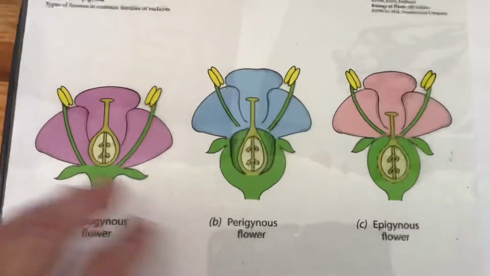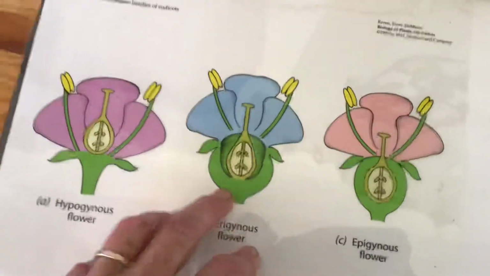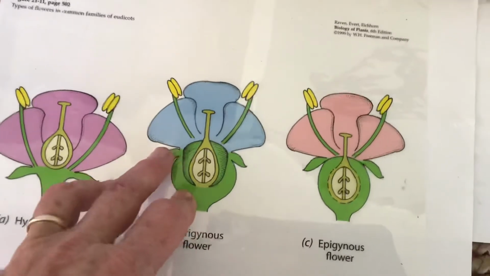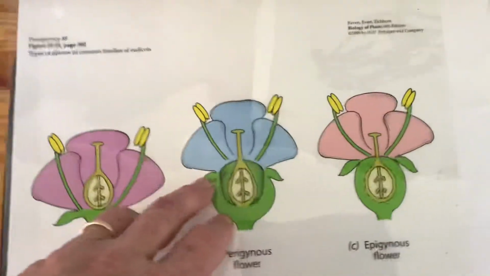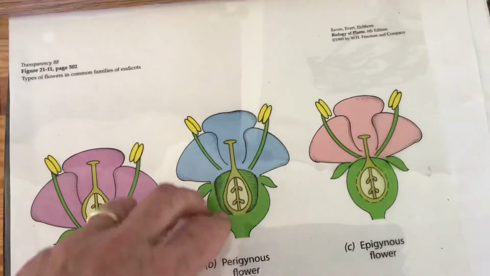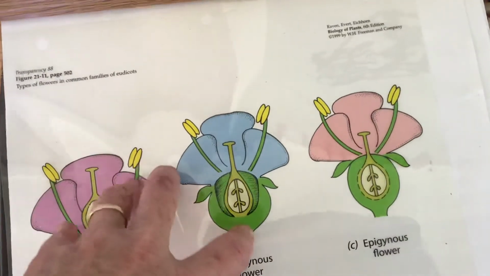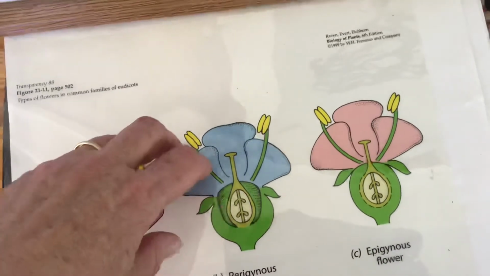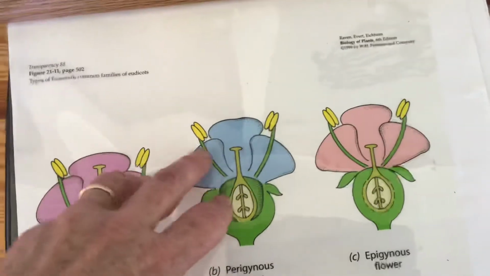Then you have perigynous. Perigynous is where the sepals and the petals might be connate. That is, they might come together, and then the stamens also might come off down here, but they would maybe look like they were part of the flower structure.